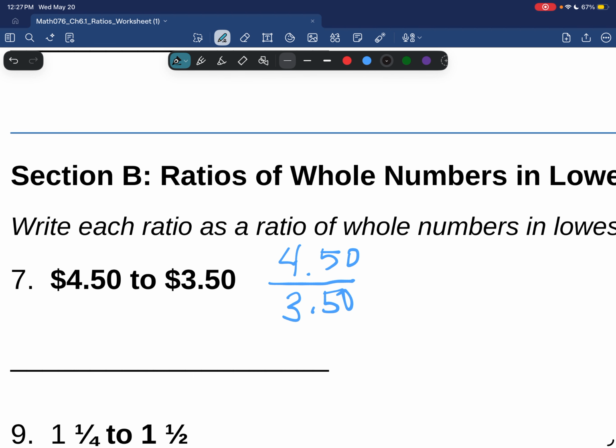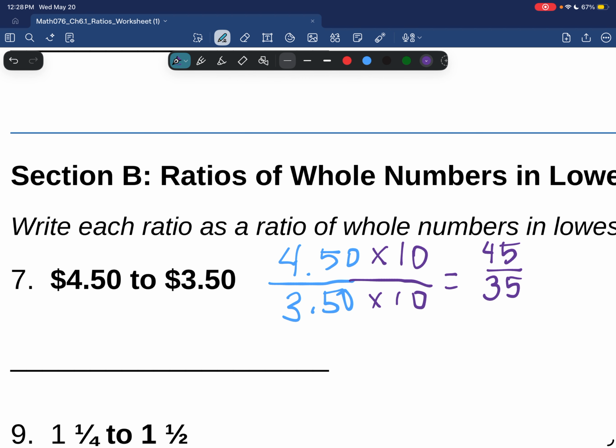I'm going to multiply both my numerator and denominator by 10 because my biggest number here in my decimals is tenths, so I want to get rid of that. 4.5 times 10 gives me 45. Technically it's 45.0, I don't really need that. And then 3.5 times 10 is 35.